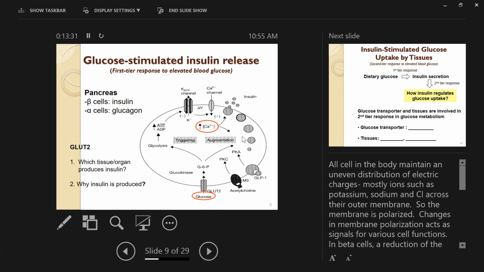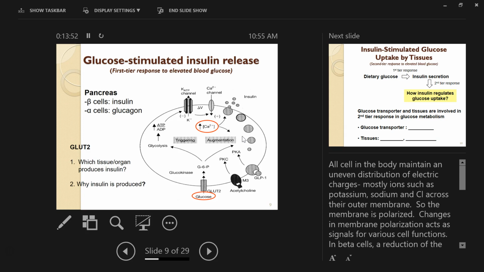The sequential events you want to know, right? First of all, glucose uptake by GLUT2, and then glucose goes to the glycolytic pathway and produces ATP, causing the ATP to ADP ratio to increase and causing membrane depolarization.